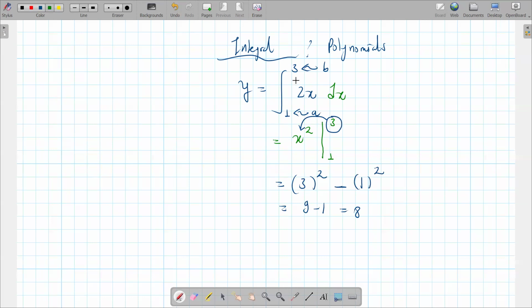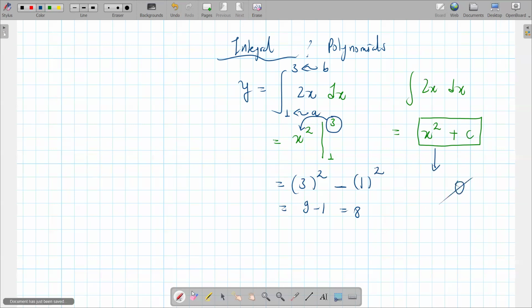Now, if they don't have the 1 and 3 attached, the final answer will be x squared, and this is a little bit weird, plus some constant c. Why is this? Because when you take the derivative of this, the constant disappears, you get a 0, right?